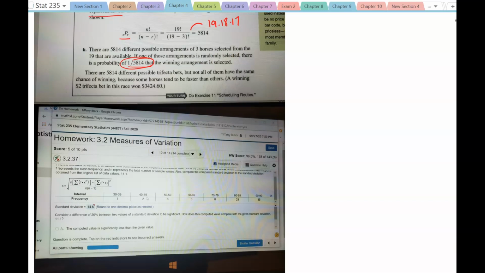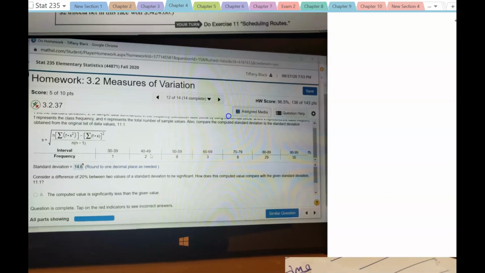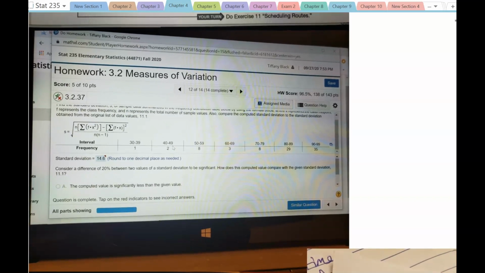Number 3.2.37, this formula is for standard deviation, and it's a little more complicated when you're given intervals. But here, basically, you have your frequency and then the value of your frequency, right?